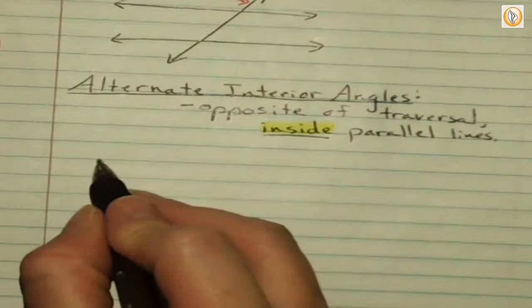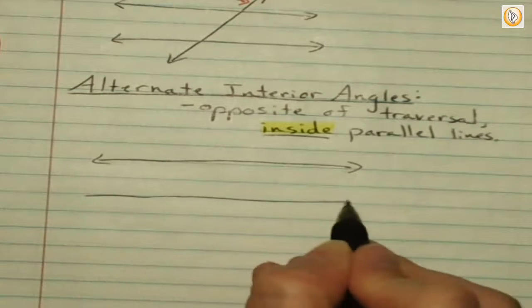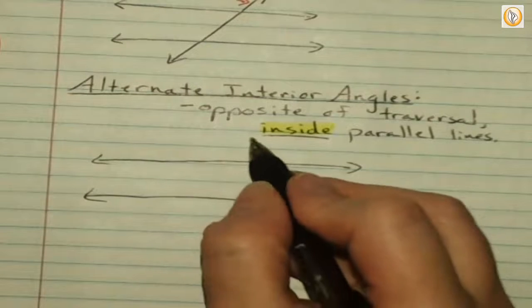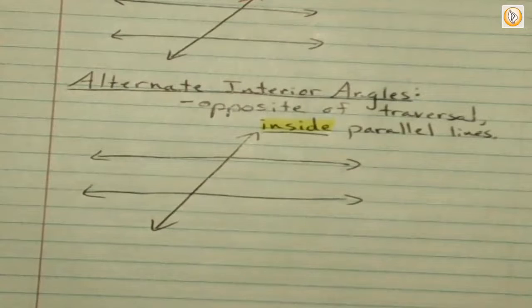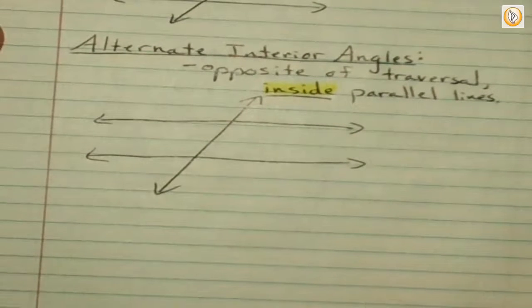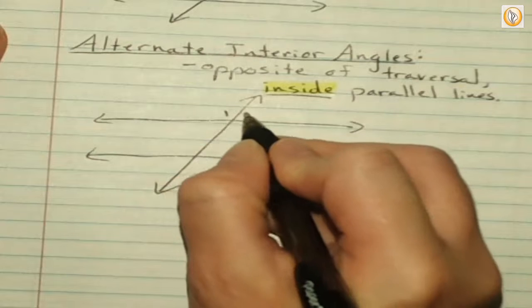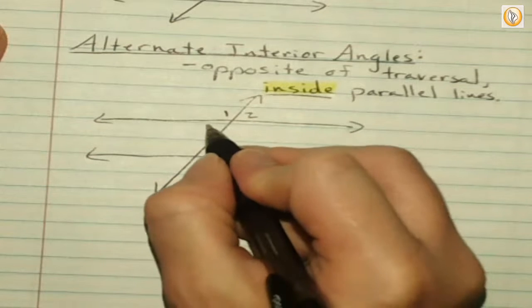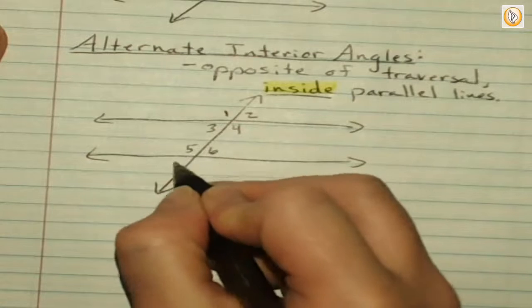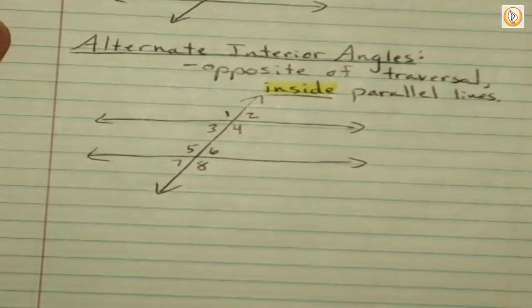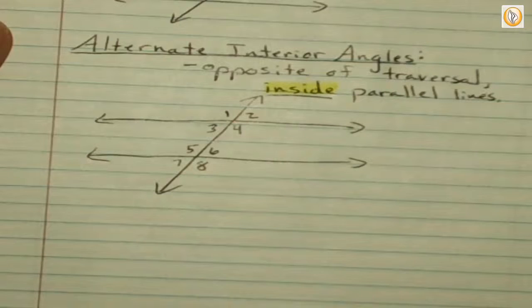For example, let's say this is angle 1, 2, 3, 4, 5, 6, 7, 8. Okay, so I have two parallel lines and a transversal.